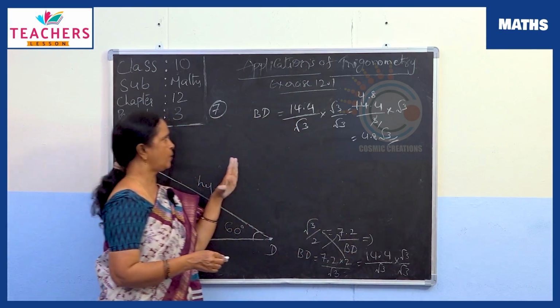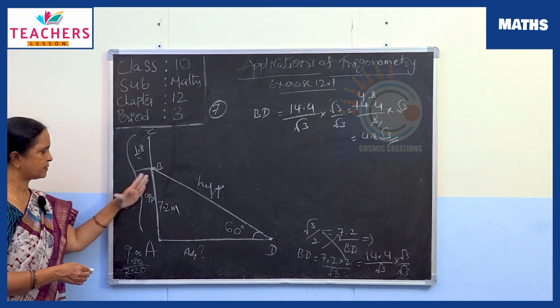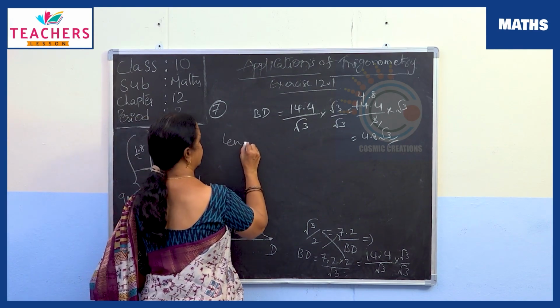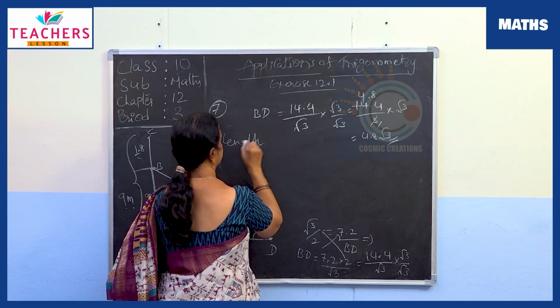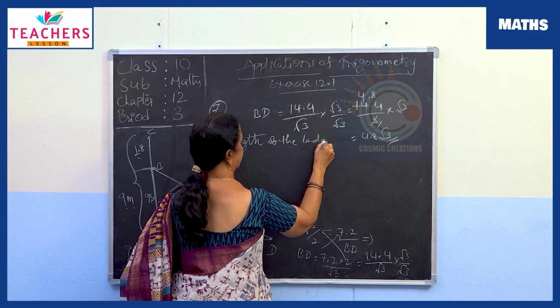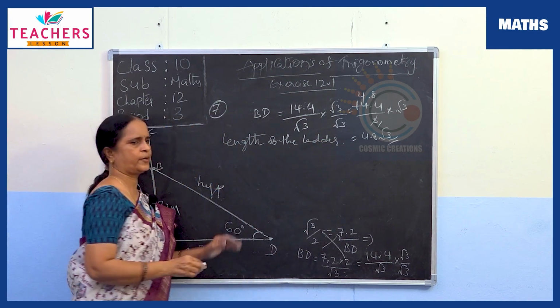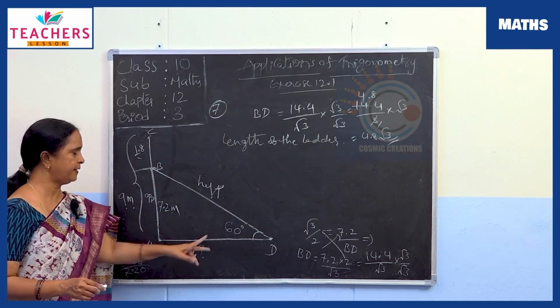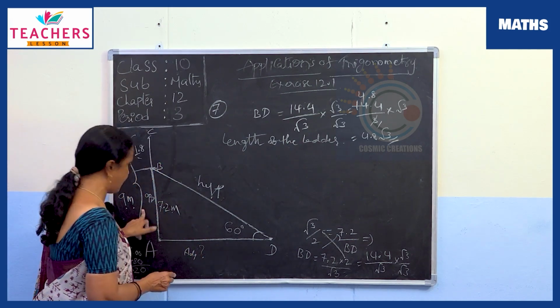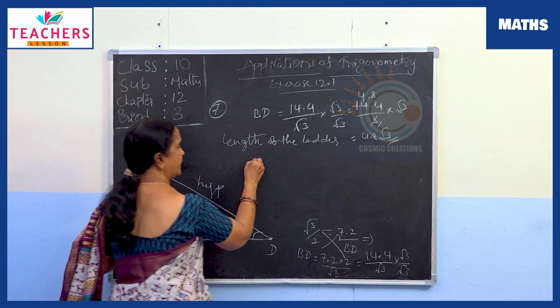Okay, that is the length of the ladder. Now, AD, the adjacent. We need to find adjacent AD, with adjacent and opposite.